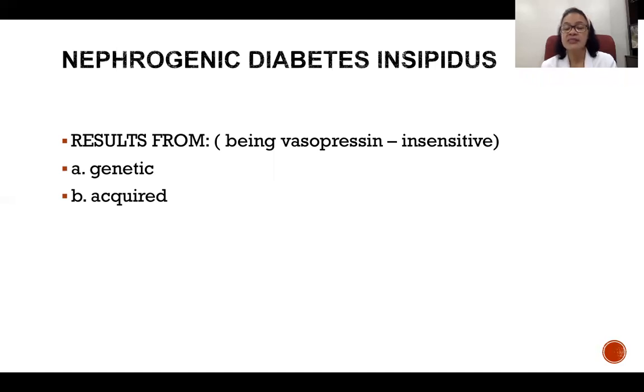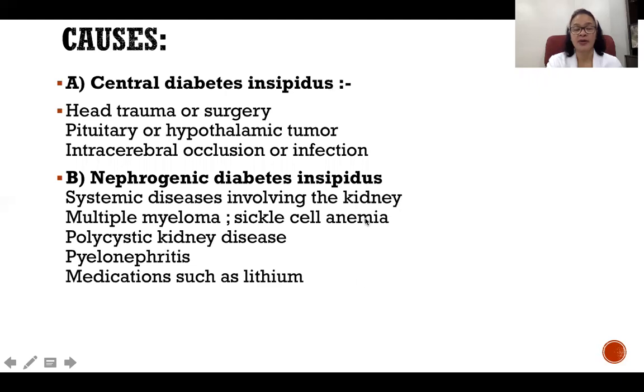And patients with this disease would typically produce around 12 liters of urine per day, assuming that a bladder volume is just 500 ml, no? So this volume of urine will, of course, necessitate voiding approximately once per hour throughout the day and night. Okay. So this can result from, it could be genetic or acquired, no?